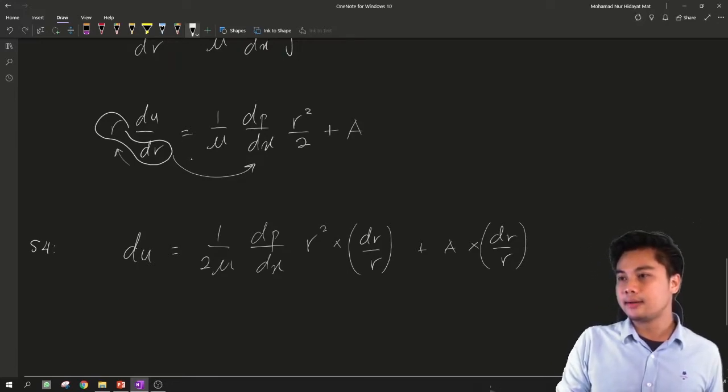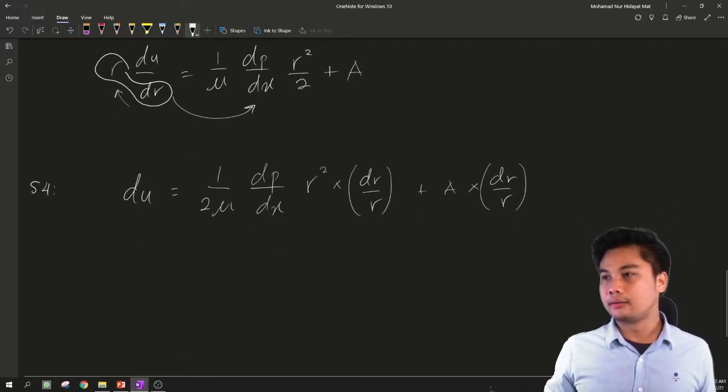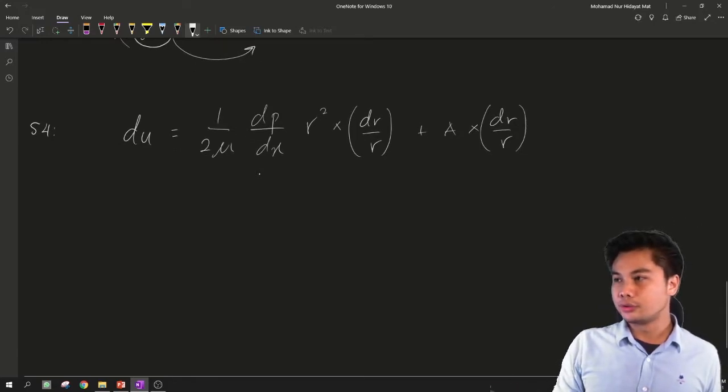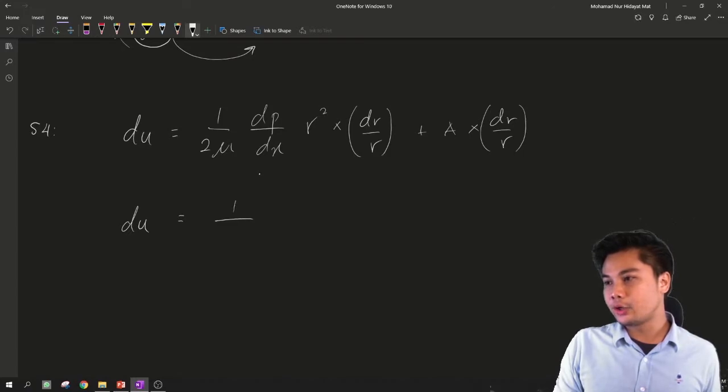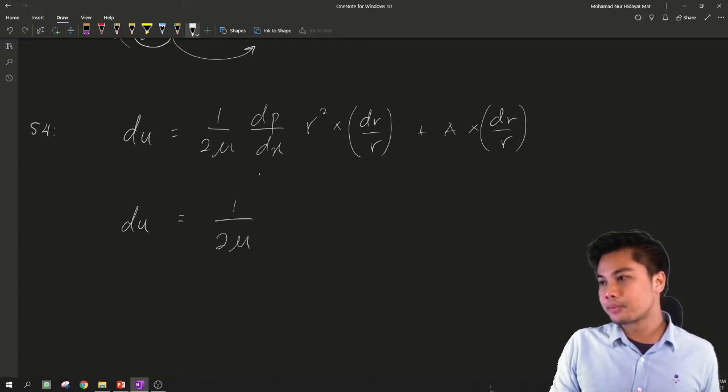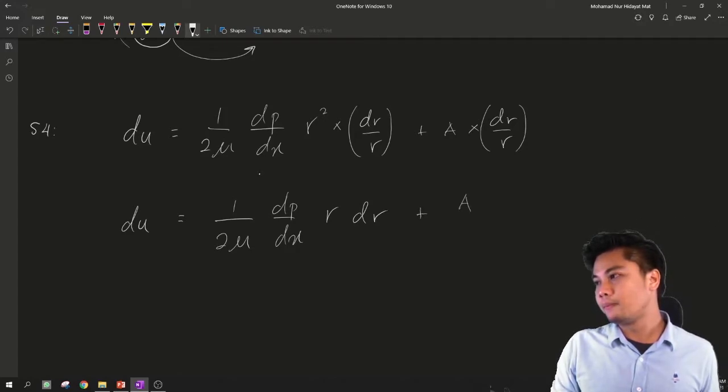You can see here, dr over r. So we simplify again: 1 over 2 mu dp over dx, the r cancels out, r dr plus a times 1 over r dr.